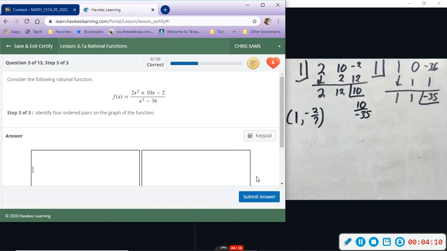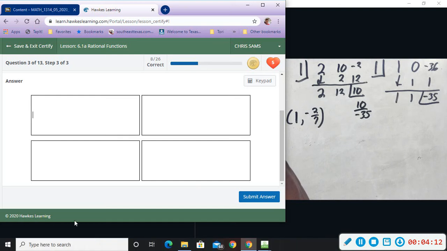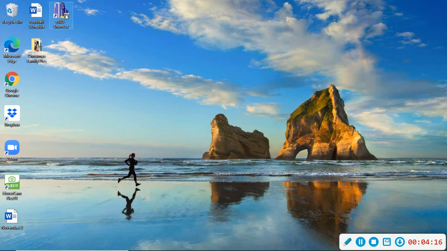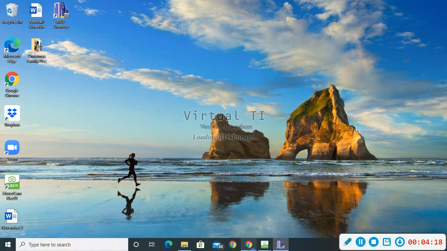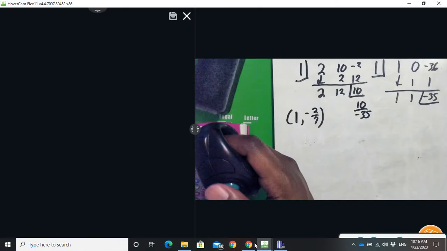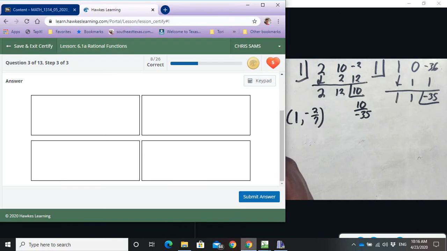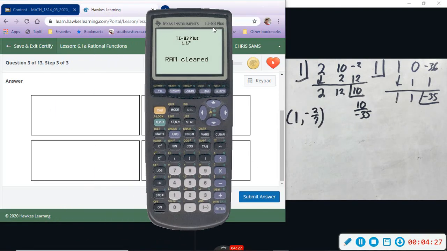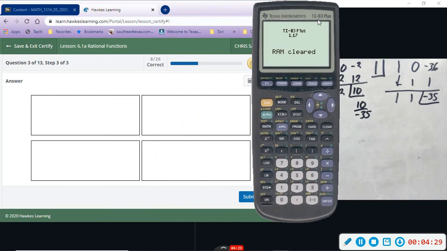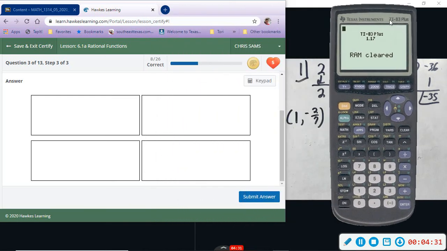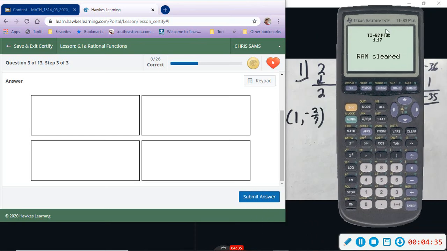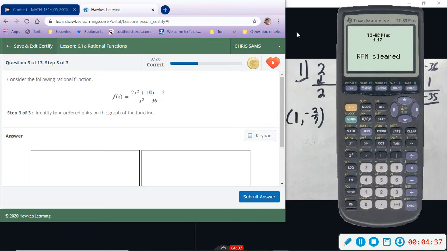Another way that you might do it, let me pull up my calculator. Okay, so if we use the calculator, I'm going to show you that we're going to get the same numbers, 10 and 35, and we'll just reduce those by hand or with the calculator.